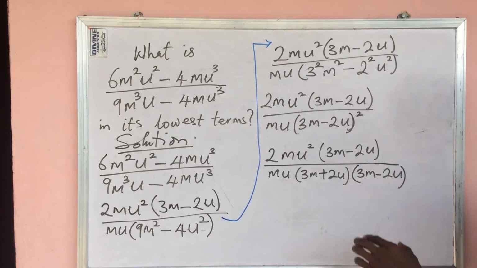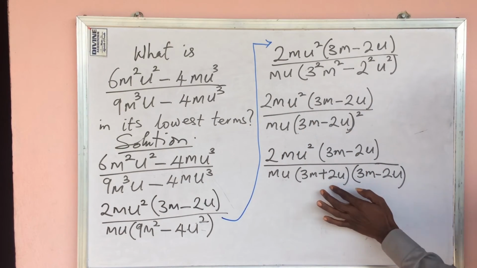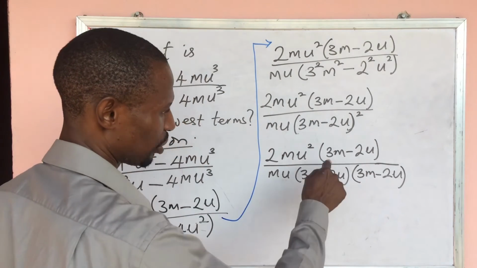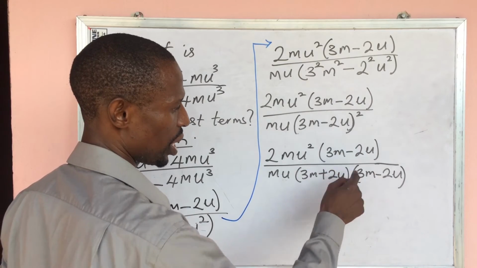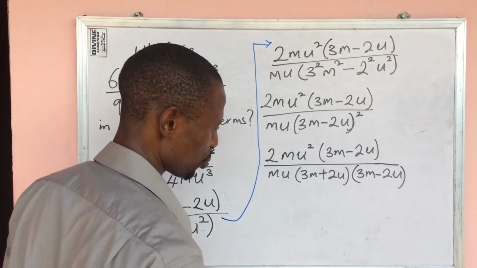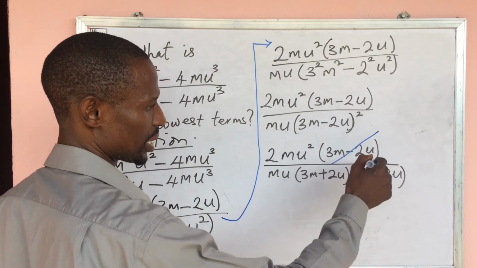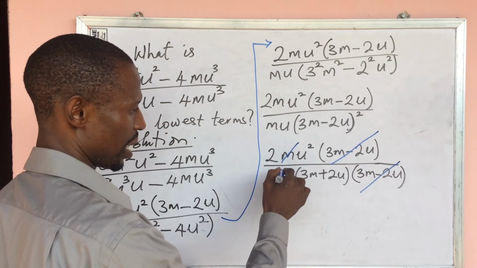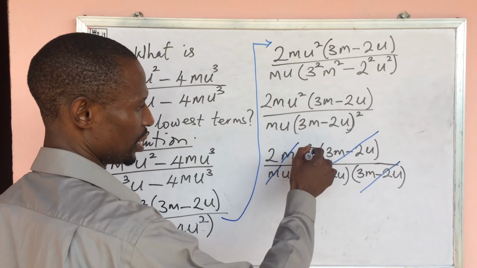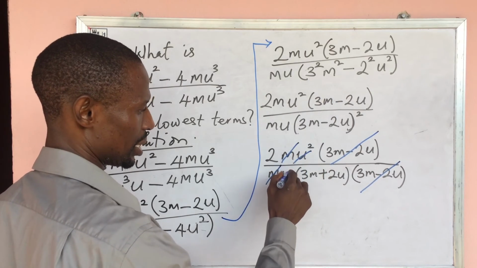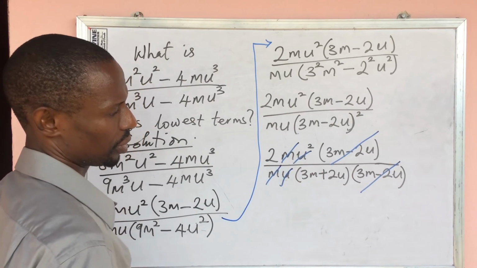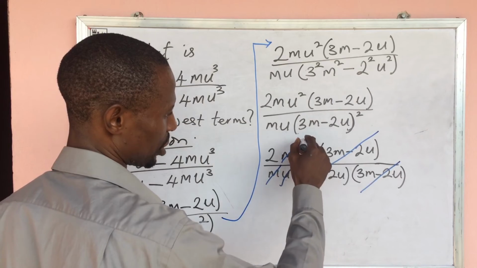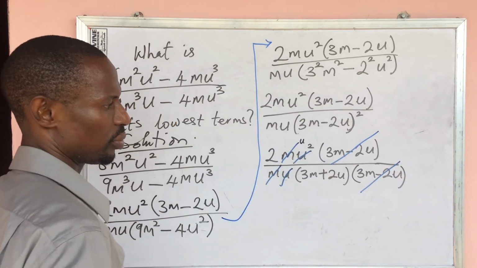Okay, so this we have here is the same thing as this expression we have here now. From here, we discover that we're having 3m minus 2u and 3m minus 2u, so both of them can leave the system, can strike themselves. Here we are having m, here we are having m. We are having u squared, so one u can strike out this, we are having u here too. So if we look at what we are left with, because one u will play out here, I'm still going to have one u out here.